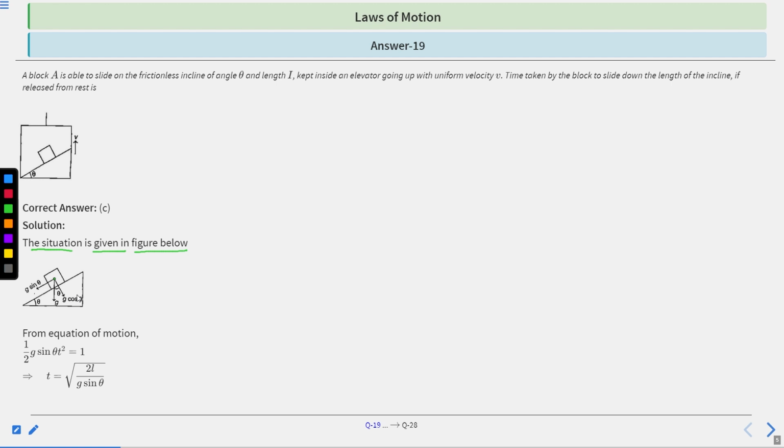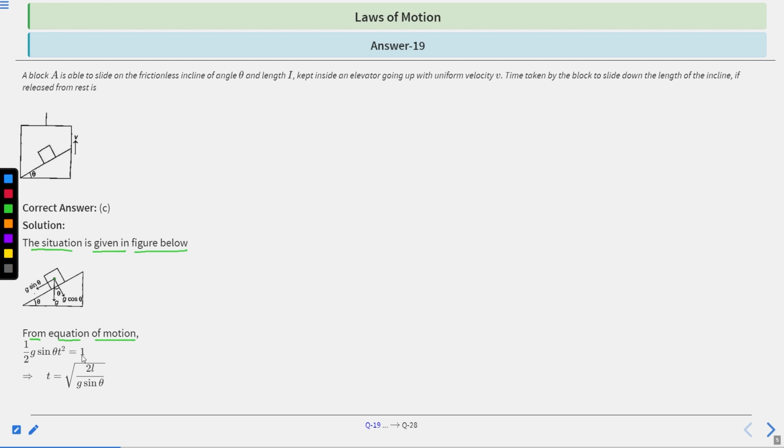So from the equation of motion, half g sin theta t square equals L. In that case t becomes under root 2L upon g sin theta.